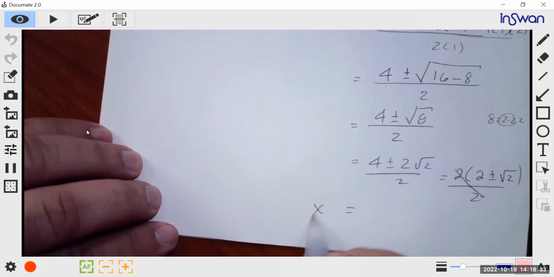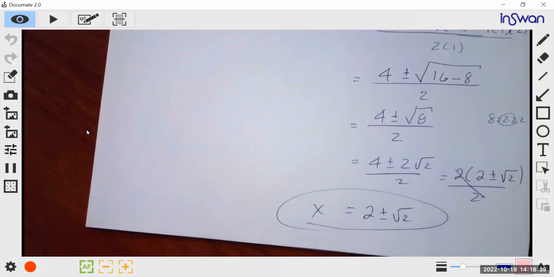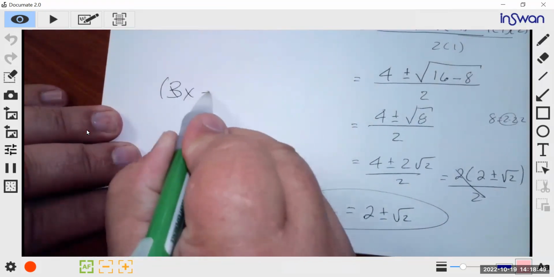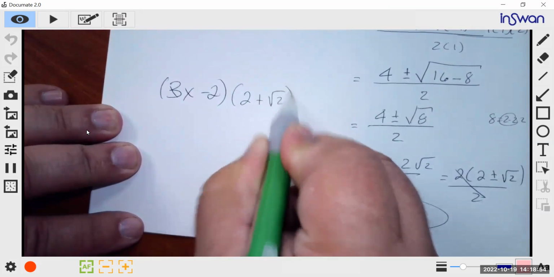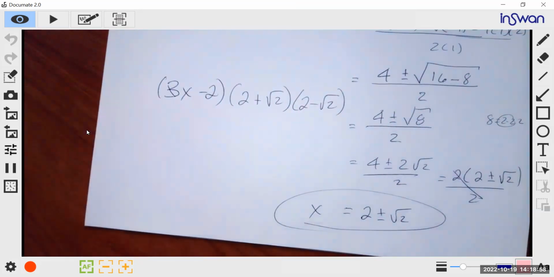So my final answer, 2 plus or minus square root of 2. Those are the factors of my polynomial.